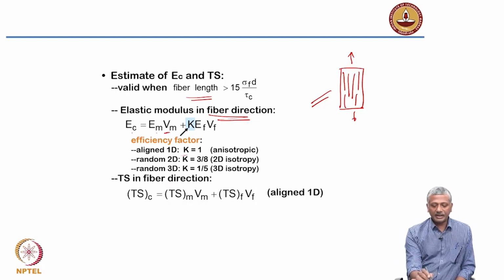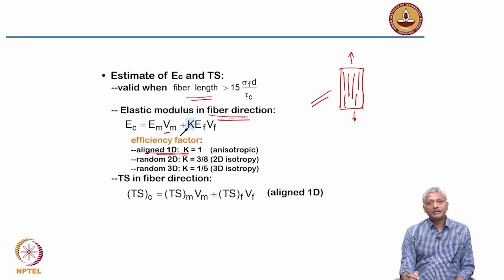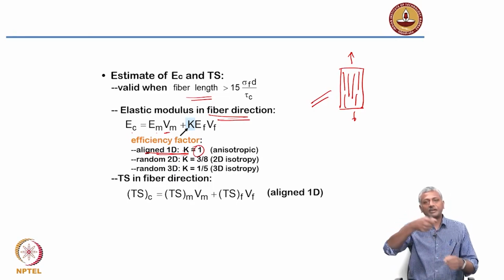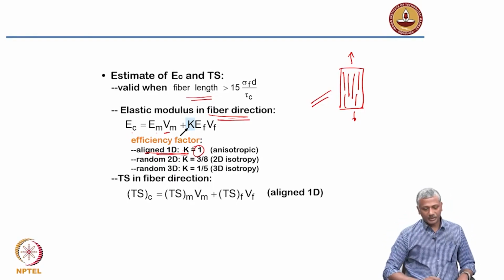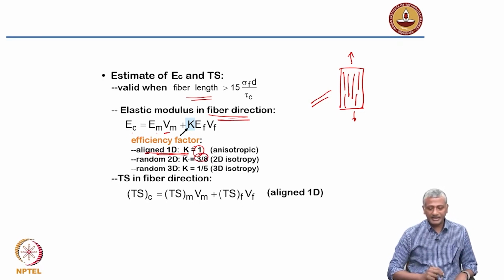If you have a perfectly aligned one dimensional case like what is shown here, in that case you will have k equal to 1. If you have continuous aligned fibers, you will get k equal to 1. If you get random fibers in 2 dimensions, k value reduces to 3 by 8.